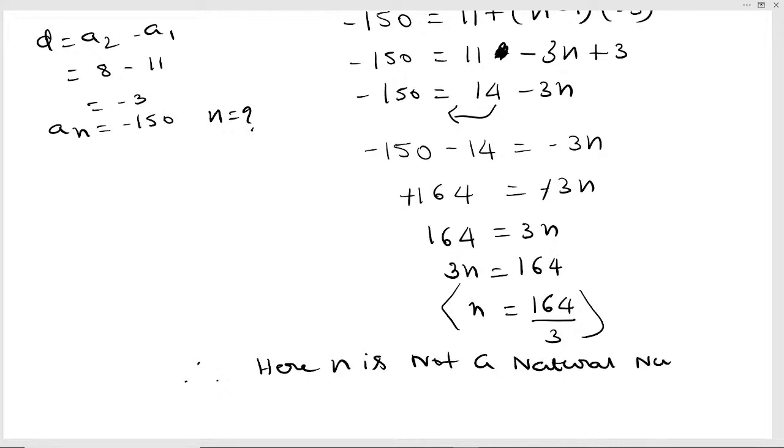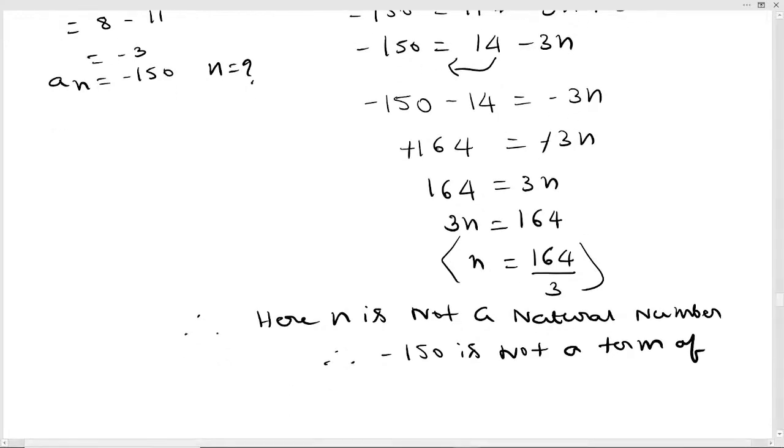So for this reason we can say minus 150 is not a term of the AP whatever they have given, the AP 11, 8, 5 and so on.